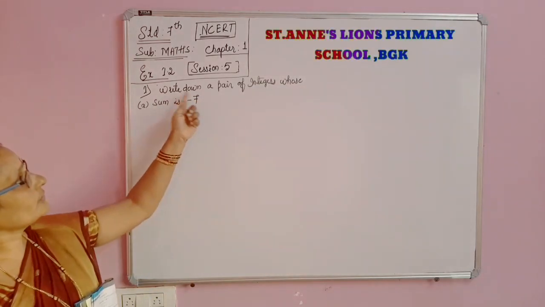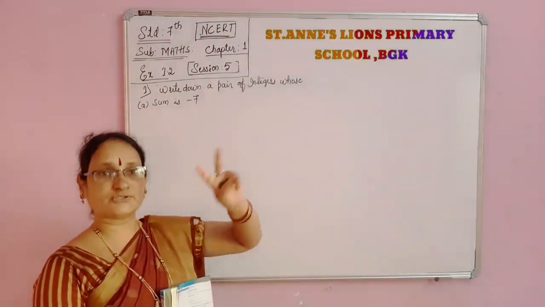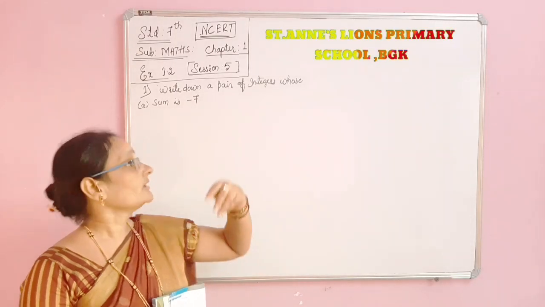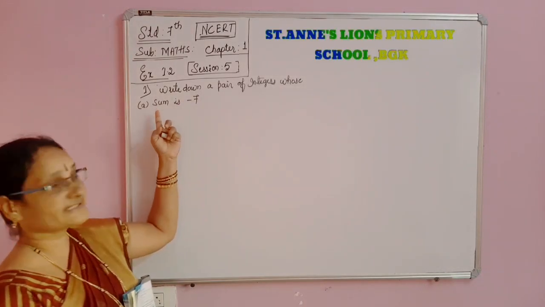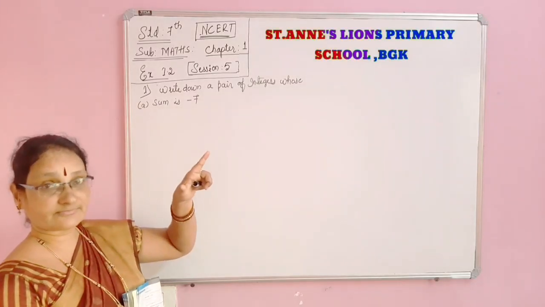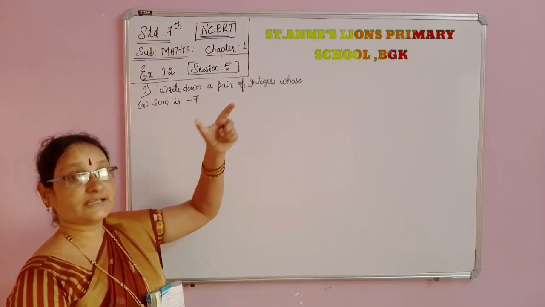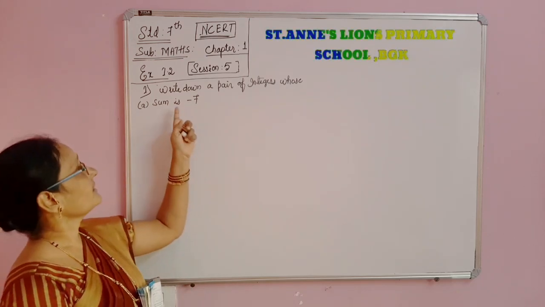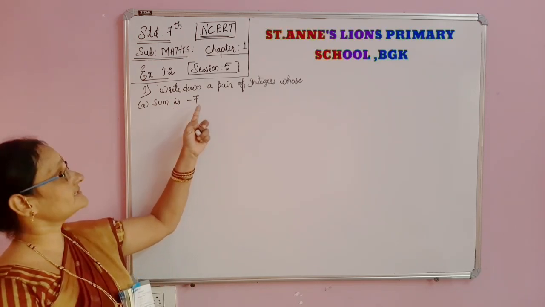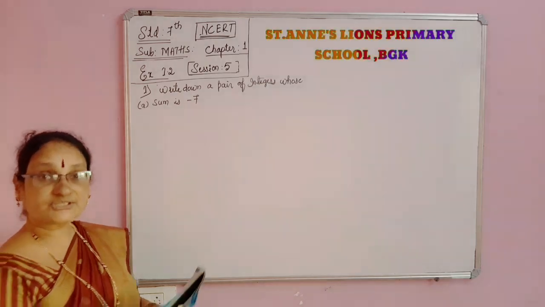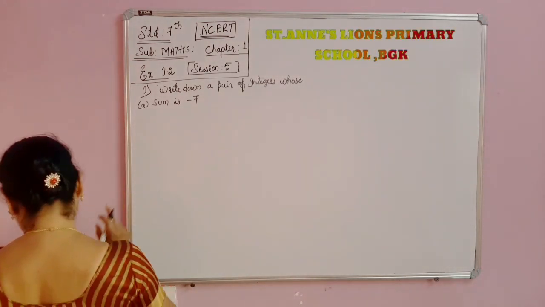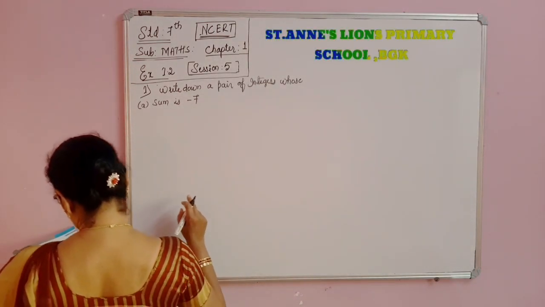See, we have to write a pair of integers. Pair means two integers we have to write. Whose sum? Sum means addition. In between those both integers, there must be a plus sign. Sum is minus 7. Such two numbers or one pair of integers we have to write.